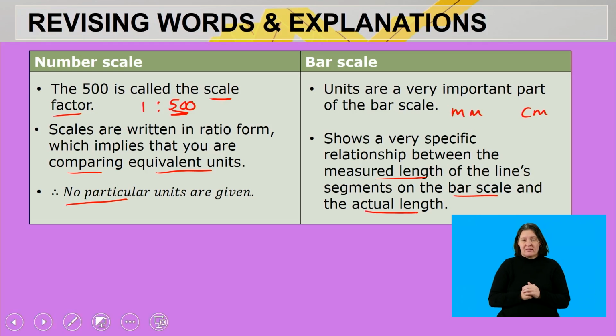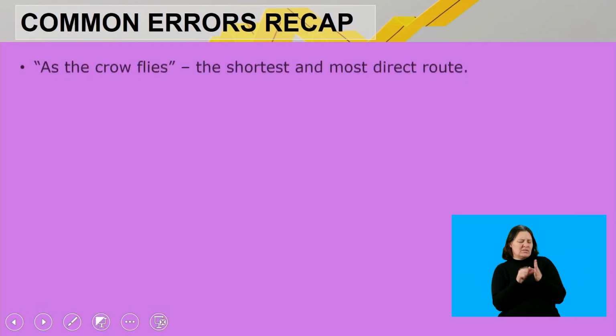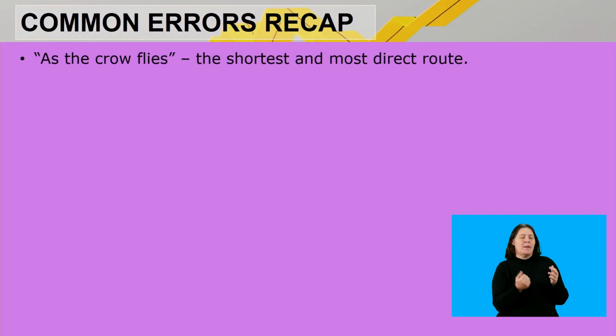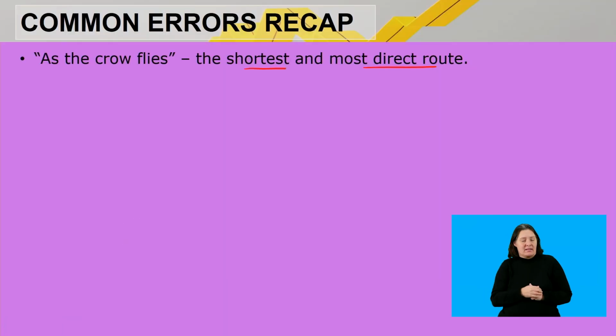Now, just a few other important things I want to take with you. Remember, as the crow flies simply means the shortest and most direct route from the one point to the next point. That is what is meant by as the crow flies.